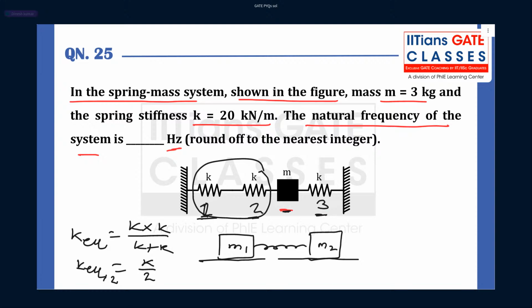Now this k equivalent of 1 and 2 with k3, are they in series or parallel? This k equivalent 1, 2 and this spring k3 are in series or parallel?